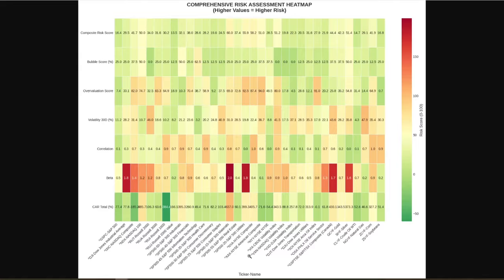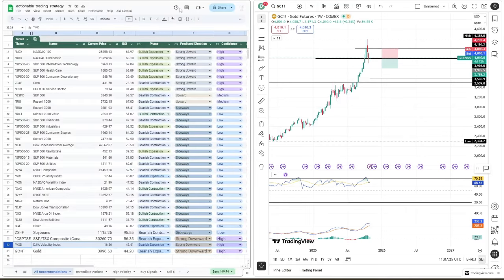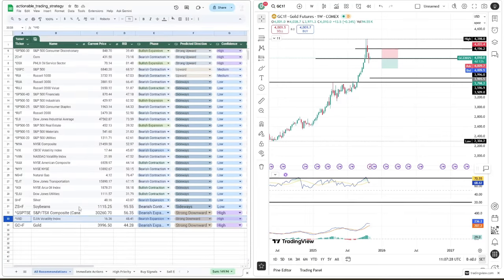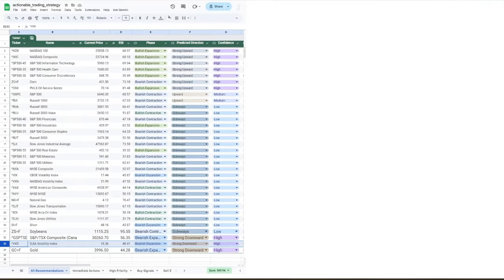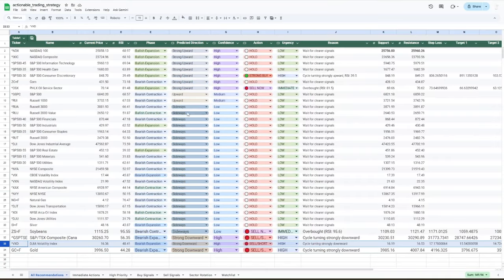I want to shed some weight, some exposure, from large tech stocks and go into Russell 1000 stocks or other parts of the market which are less risky, which can be consumer staples, because the consumer staples index we saw here, let me close one second, we have a buy signal here.